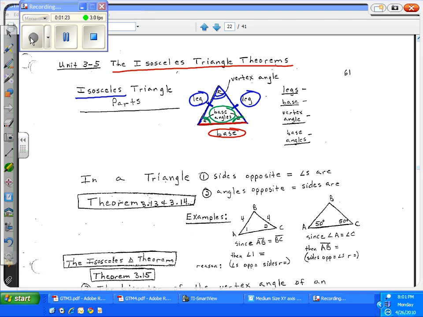Notice I put one mark in each of the base angles. We're going to learn here that the base angles of an isosceles triangle are equal. So let's name the legs.